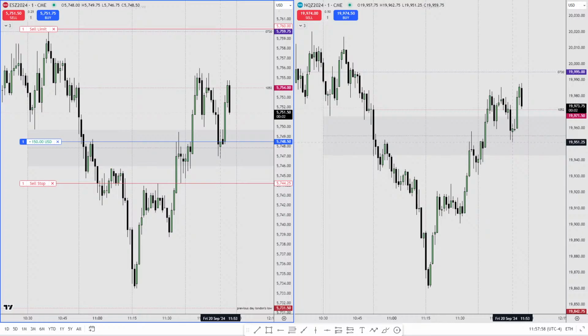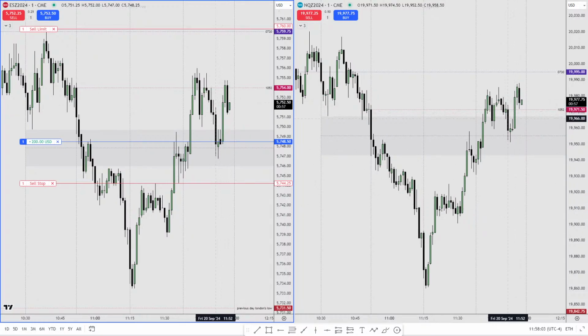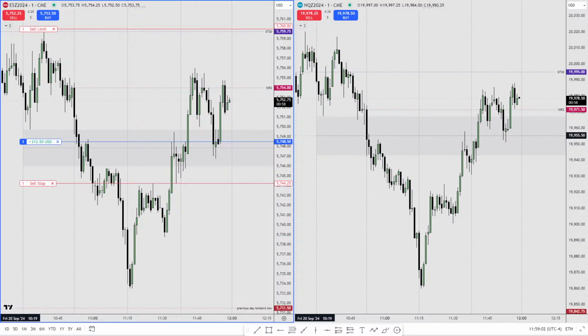I don't really want to see it run below this low for NQ because we have closed above this down close candle. It's taking a while.